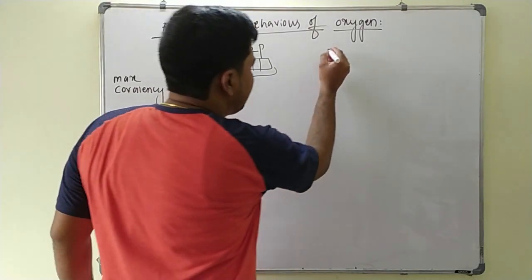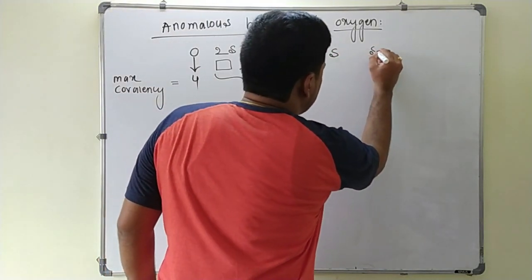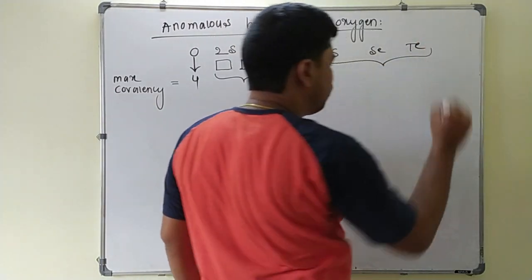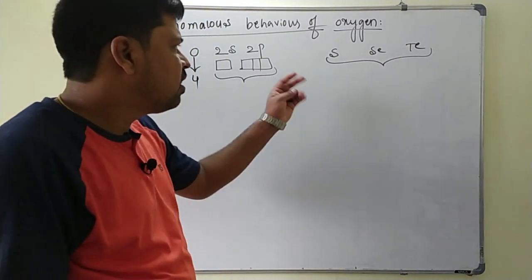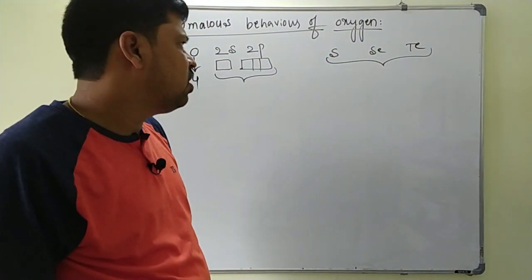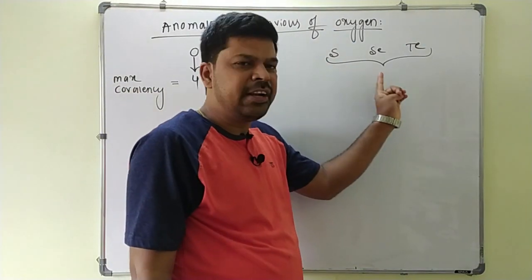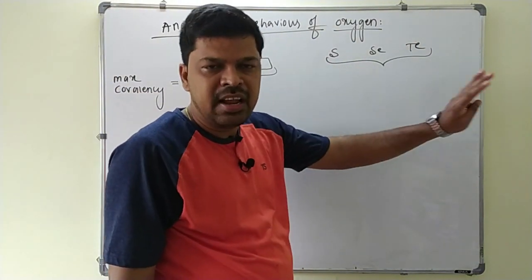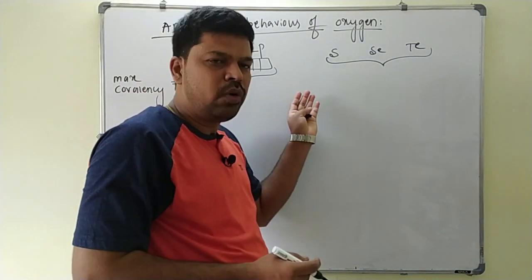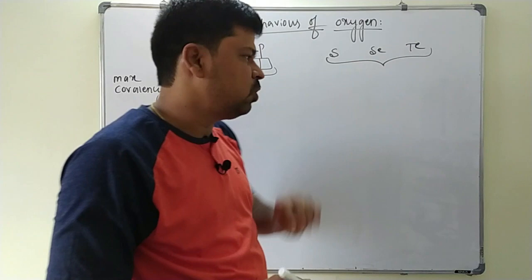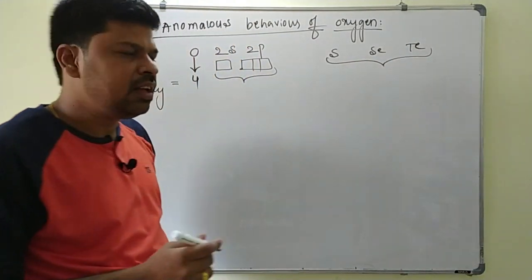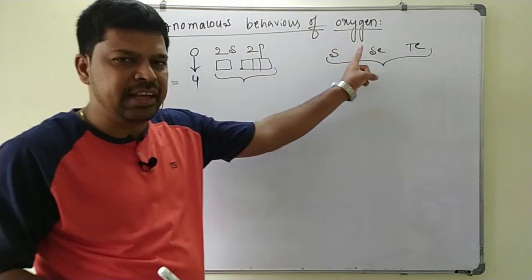If you go for the remaining elements, sulfur, selenium and tellurium, due to the presence of vacant d orbital, they will show excited state. Already we have discussed this in the oxidation state. So, due to the presence of the vacant d orbital, they will show excited state and they will have 4 to 6 unpaired electrons. Hence, they will show a maximum covalency of 6 also. But in oxygen, it is only 4. This is the difference between the covalency of oxygen and the remaining elements.